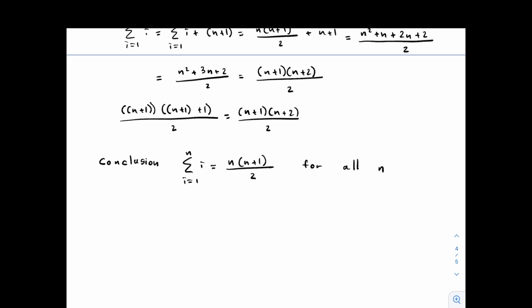Assume that whatever statement holds for some arbitrary n, and show that assuming the statement holds for some arbitrary n implies that it also holds for n plus 1, demonstrating that whatever statement actually holds for all the natural numbers.